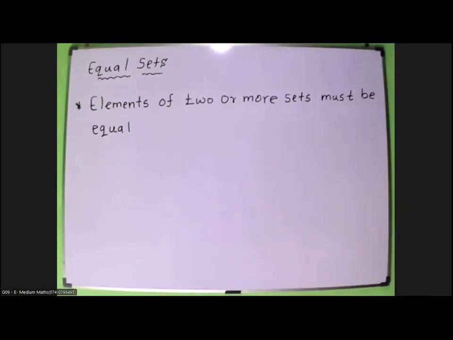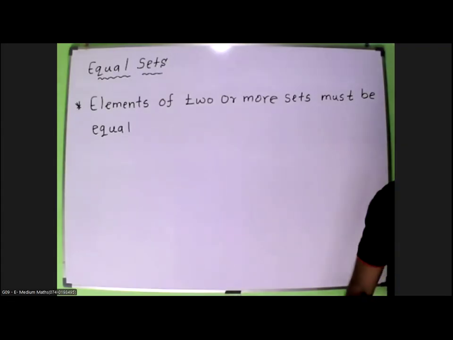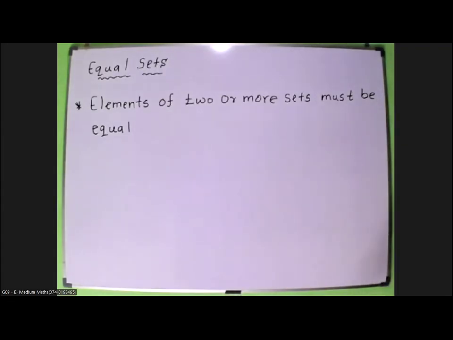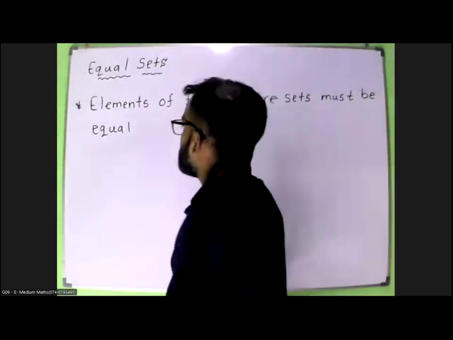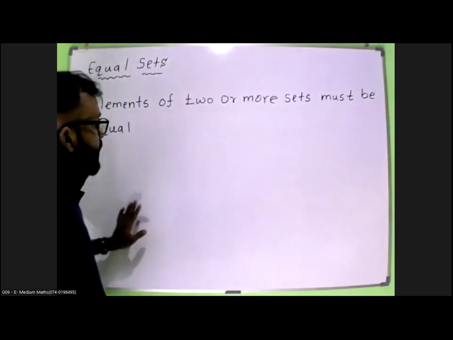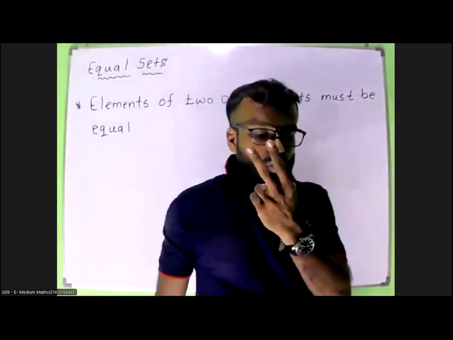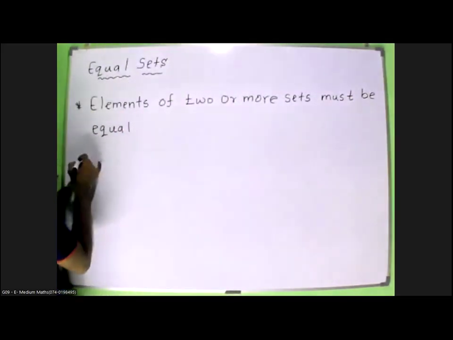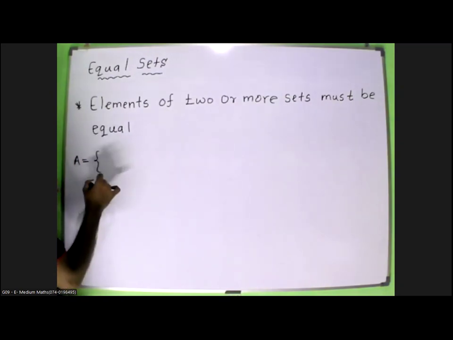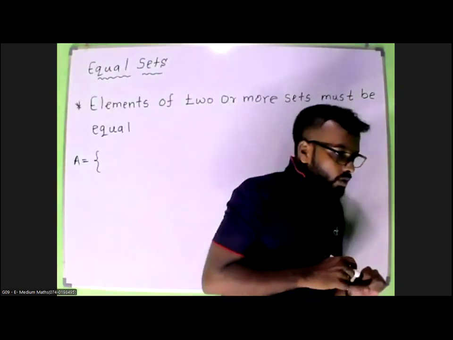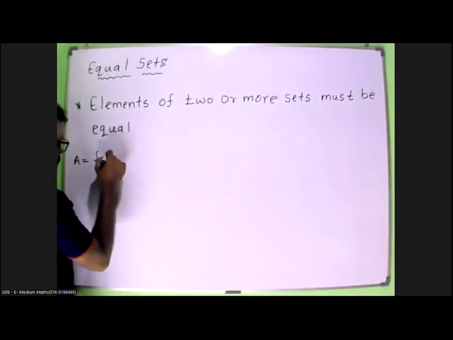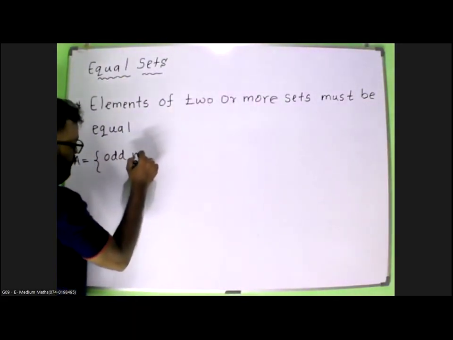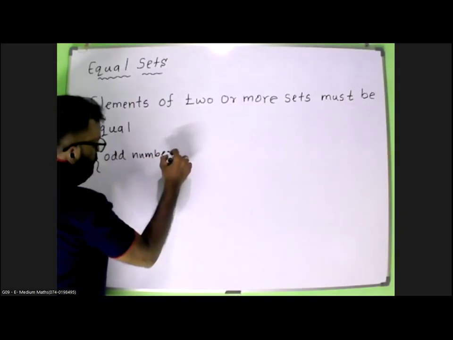So, the elements of two or more sets must be equal. How do we explain this? I write two different sets. So first one is A. Now look at the board. Odd numbers between 0 and 10.